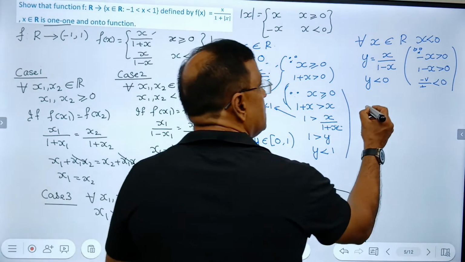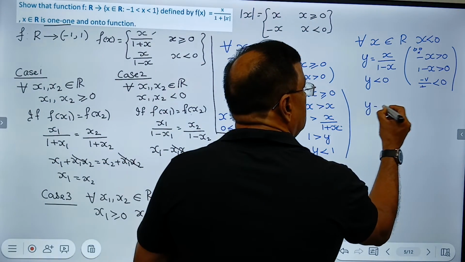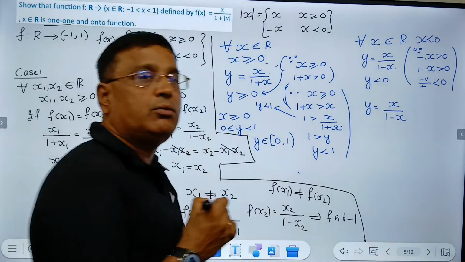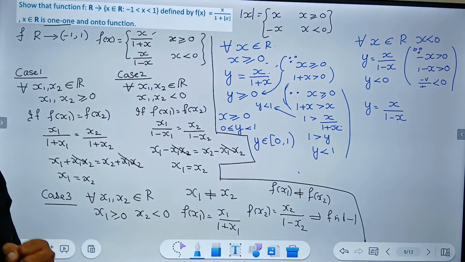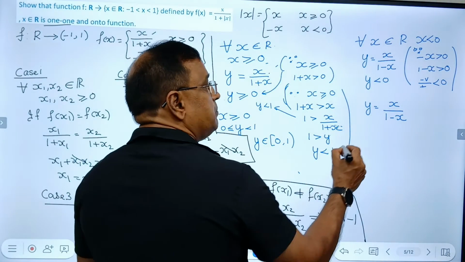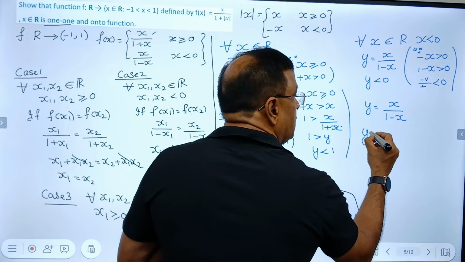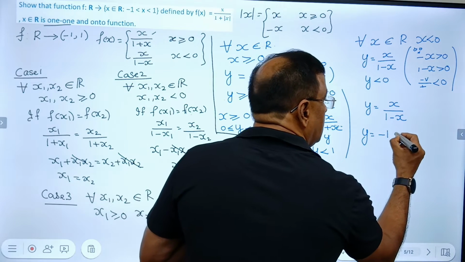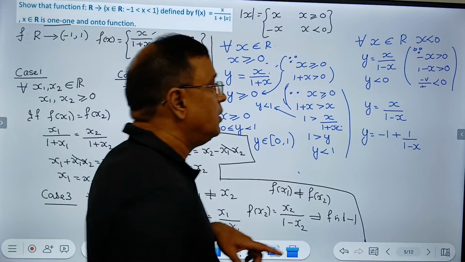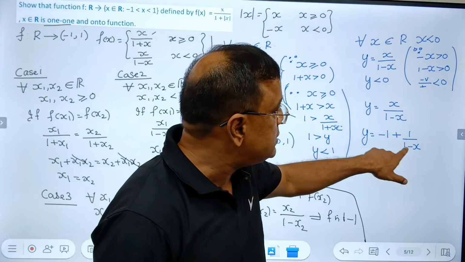The next part is y equal to x by 1 minus x. Now this is a very tricky step. Watch this carefully. Y equal to minus 1 plus 1 by 1 minus x. If you take LCM, what happens?